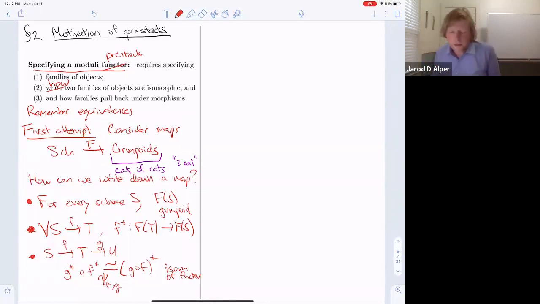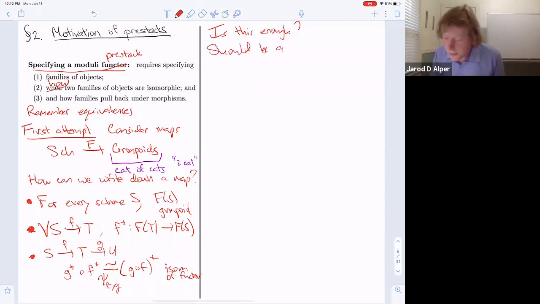Now, is this enough? Well, no, because of some categorical issues. There should be a compatibility condition on these maps for triple compositions.